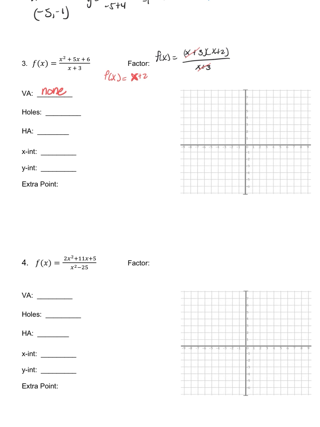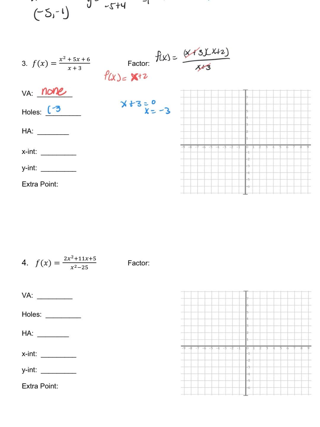Holes: did we cancel out anything? Yes, we canceled out x plus 3. So we're going to take x plus 3 equals 0. We get x equals negative 3. So that is my x value for the hole.